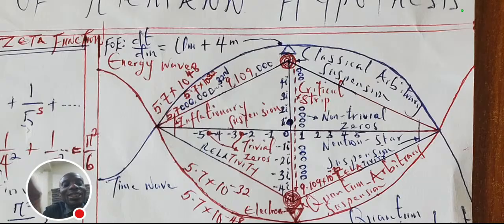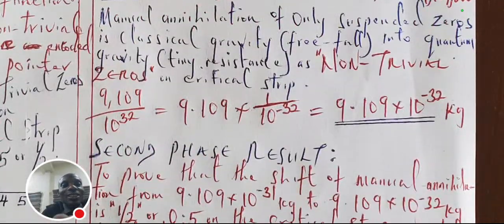We can only get the baseline by manually annihilating only the suspended zeros. By annihilating only the suspended zeros, we have epitomized what is known as free fall, which is the classical gravity. This classical gravity will be spontaneous, but in our case, we just have to manually annihilate it. So how do we manually annihilate it? Let's see how.